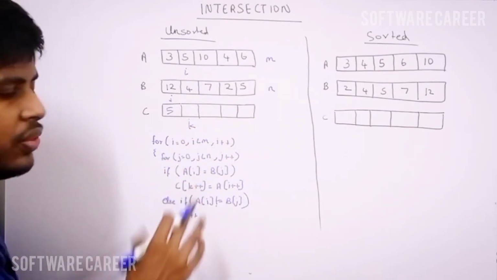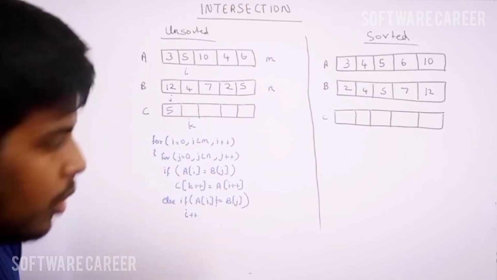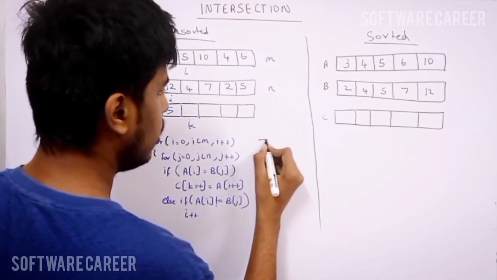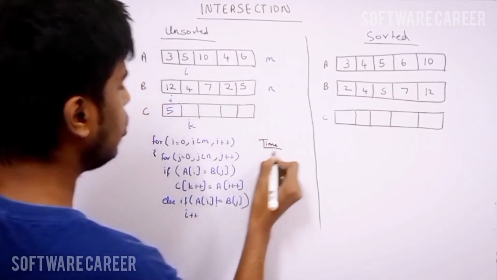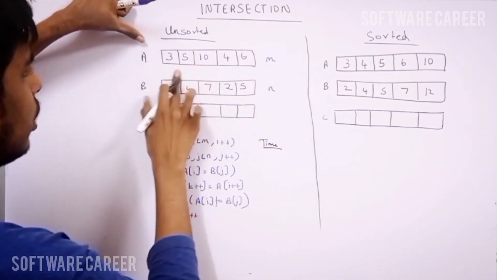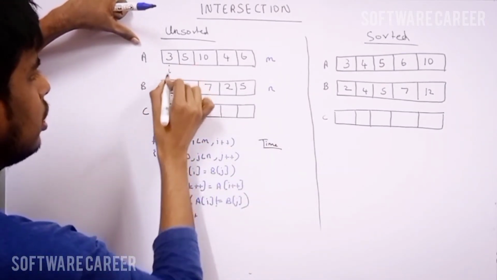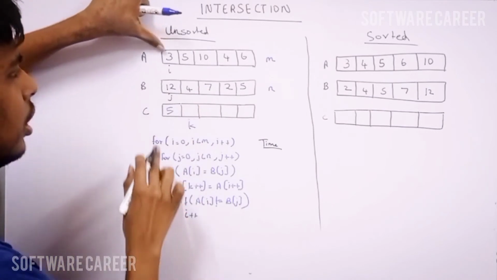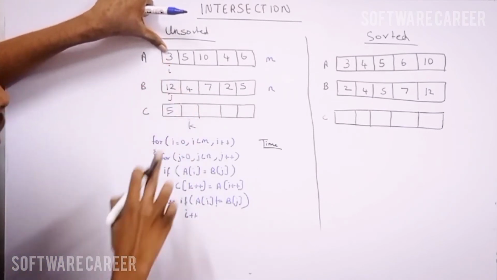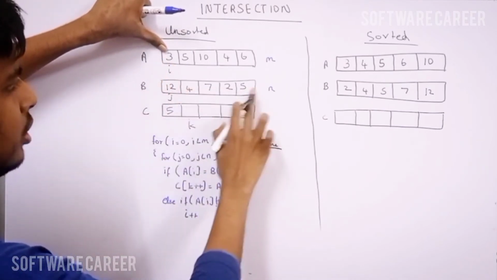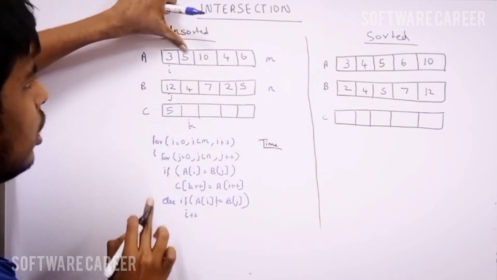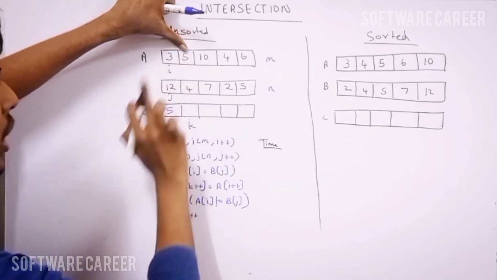Now let's find the time complexity. Suppose I is at this position and j is at this position. Now you are fixing 3. Now you are comparing 3 all over this array. And next A of I is 5.